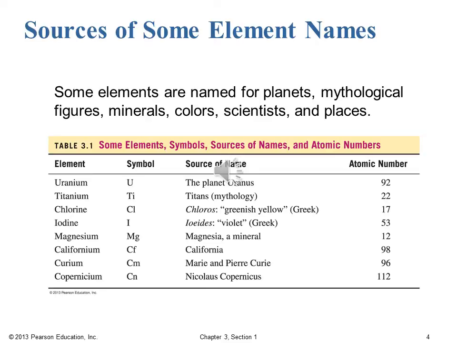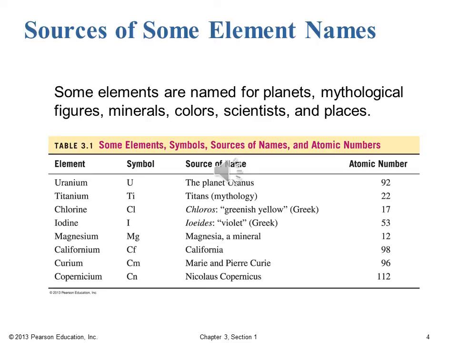The halogens, chlorine and iodine, that are represented here. Chloros is yellowish green or greenish yellow, as we see, and that's the color of the gas. Iodis is violet. Magnesium comes from the mineral that we use to isolate the elements, magnesia. Also milk of magnesia, you may have taken that for stomach aches in the past.